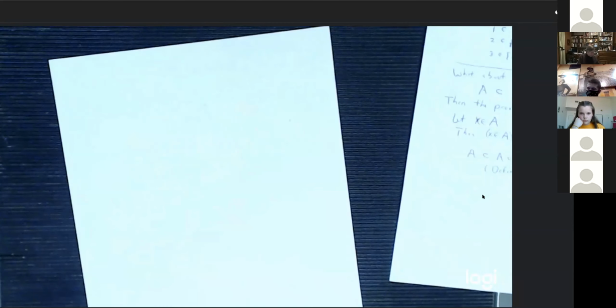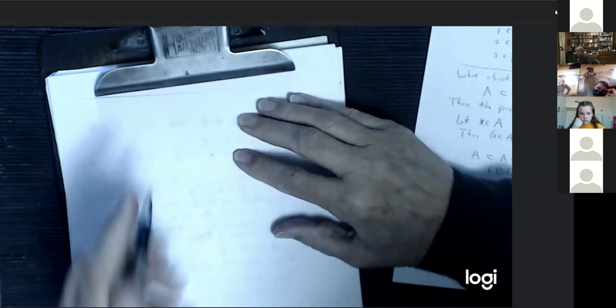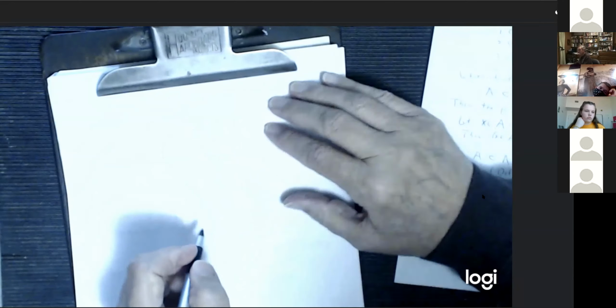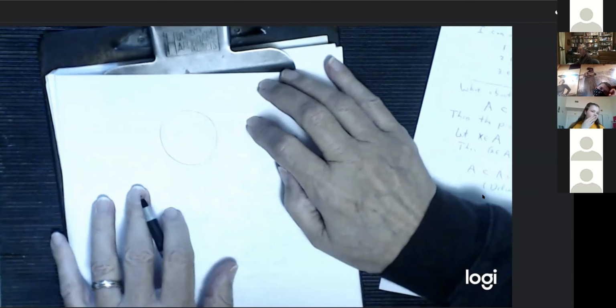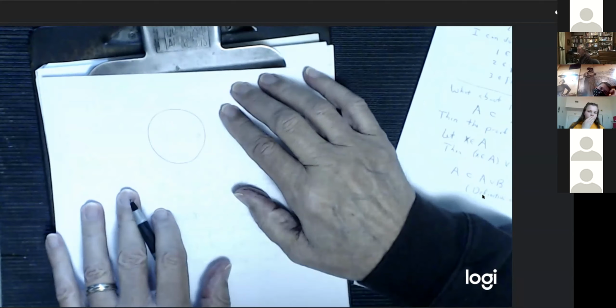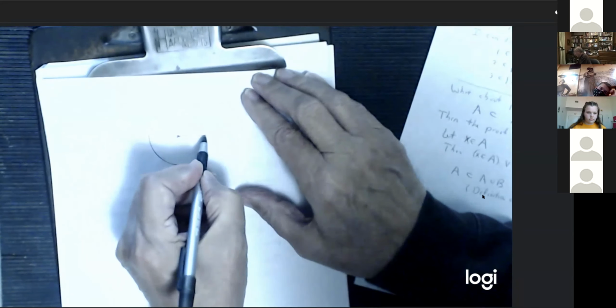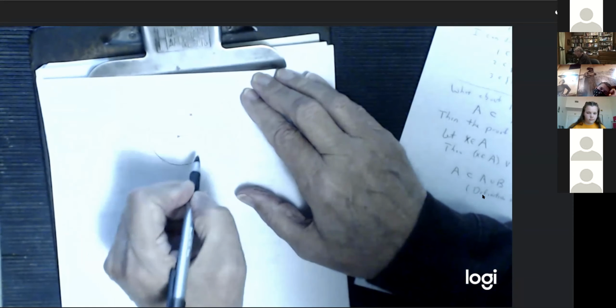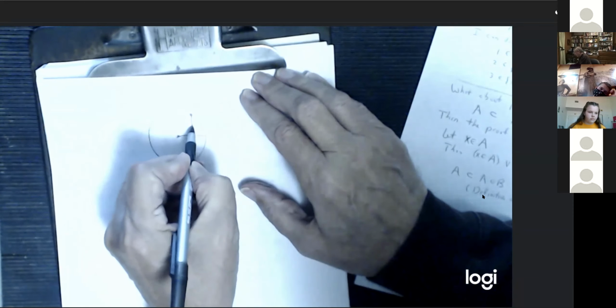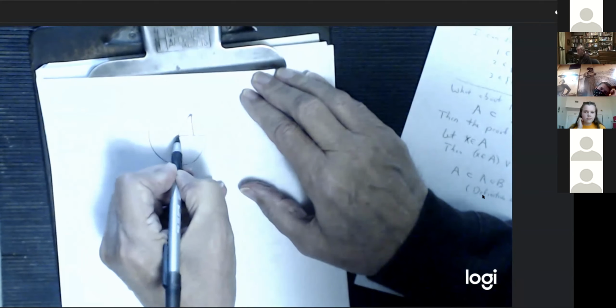Now, what I want to do here, just one moment, is roughly draw a circle. Okay. And I don't know how well you can see that. And you have a center. And what we do is we take a point on the circle, could be any place, and we make a vertical and a horizontal, we make a triangle.